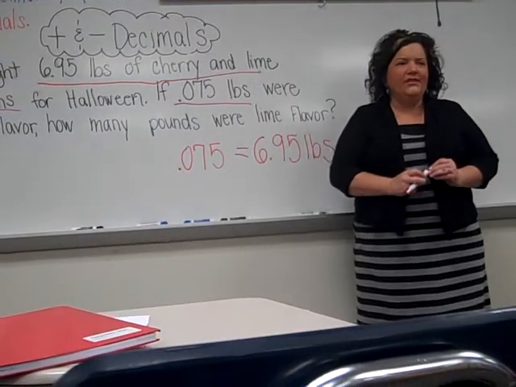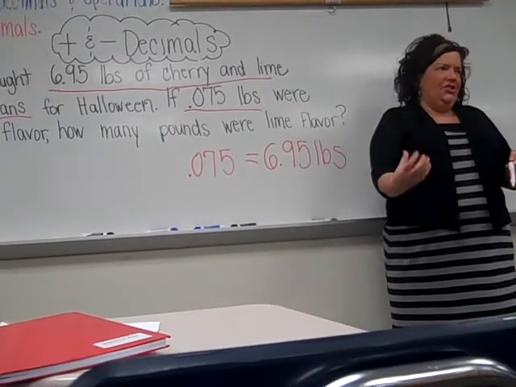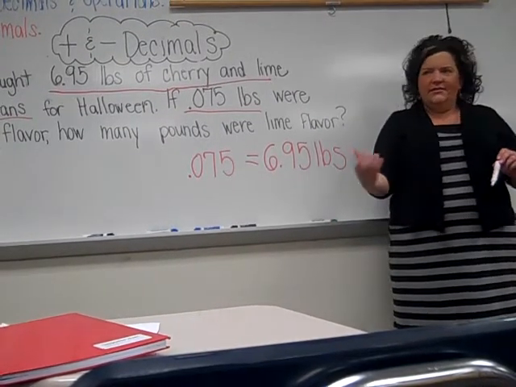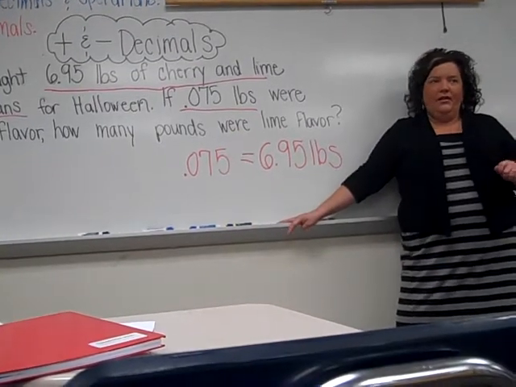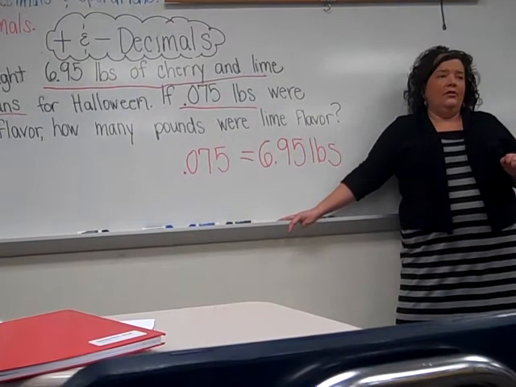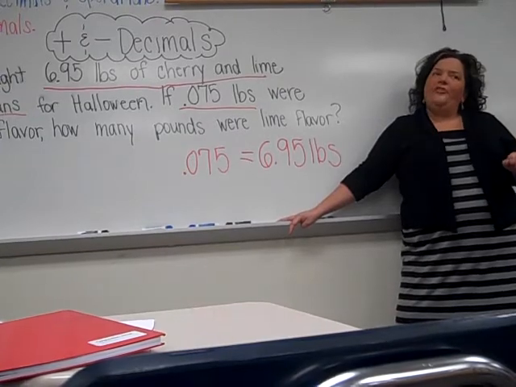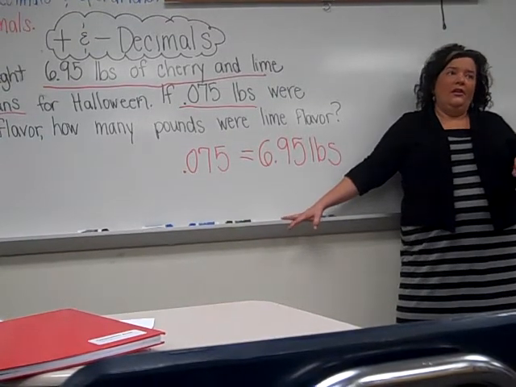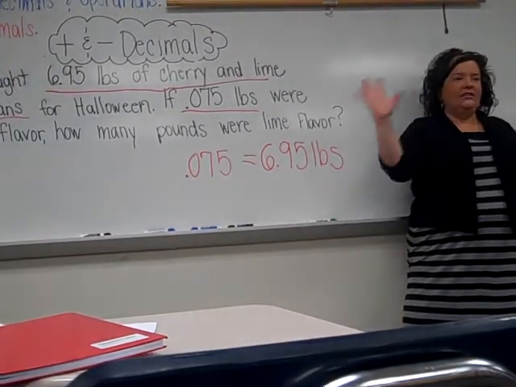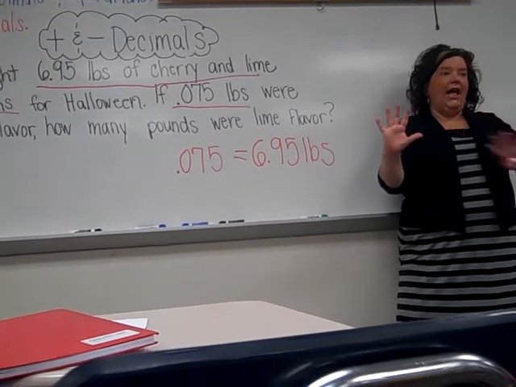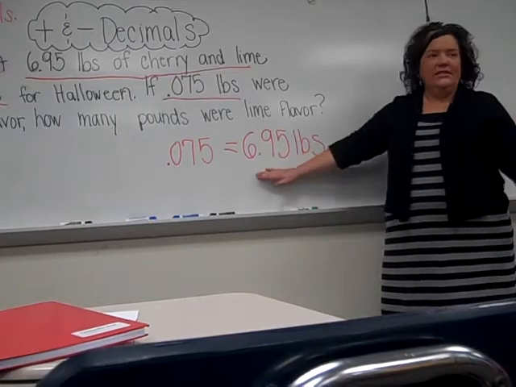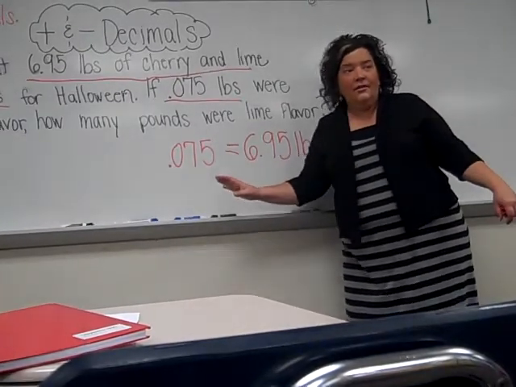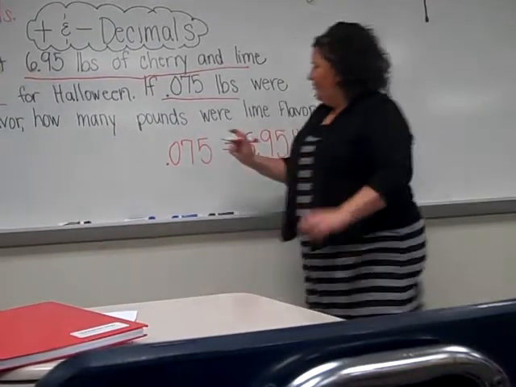Can anyone predict what operation we would use to figure out the answer to this word problem? Francisco? Subtract? I'm not sure if subtract would work, because remember he had some cherry, some lime, but his total amount of jelly beans was this value. Add, sure.